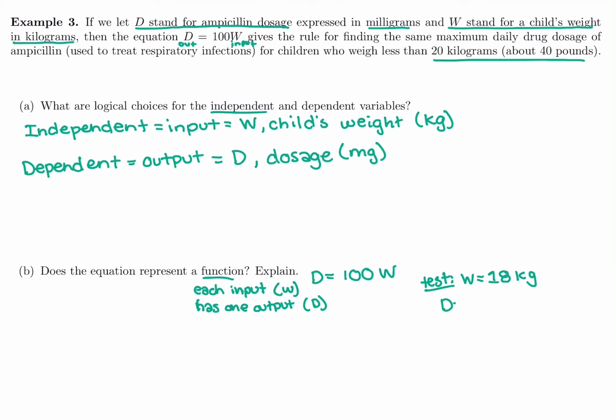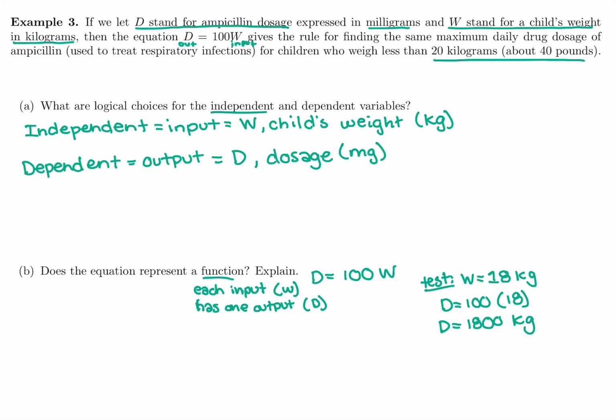So their dosage is going to be 100 times their weight. So their dosage is going to be 100 times 18, so we're going to get 1,800 kilograms for that daily maximum drug dosage. So we can see each weight is going to have one specific dosage. We could test. That's not our proof because we need to explain it overall, because 18 isn't the only number we're allowed to plug in here.